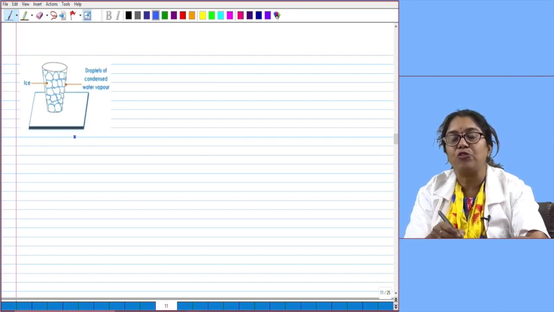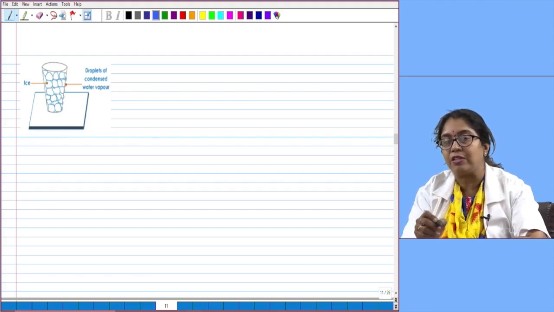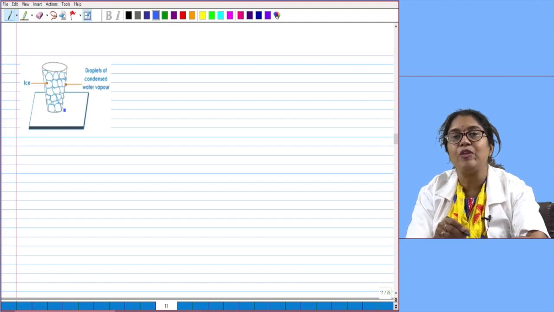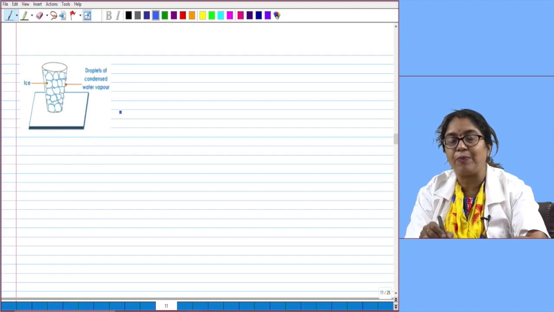Now, where have these water droplets come from? The moisture, that is the water vapor present in the air, when it comes in contact with the cool outer surface of the glass, will condense to form the water droplets. So this formation of the water droplets shows that air has water vapor, which condensed when it came in contact with the cool outer surface of the glass and formed water.